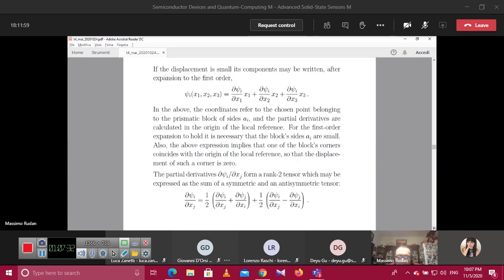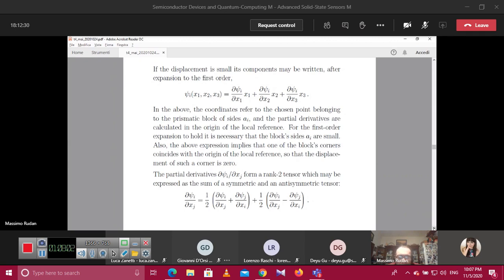And as you remember, we have placed the origin in one of the vertices of the block. Okay, so we are referencing the coordinates x1, x2, x3 to the origin, that is 0, of course, of the same block. Okay, and these coordinates and these derivatives are also calculated in the origin.